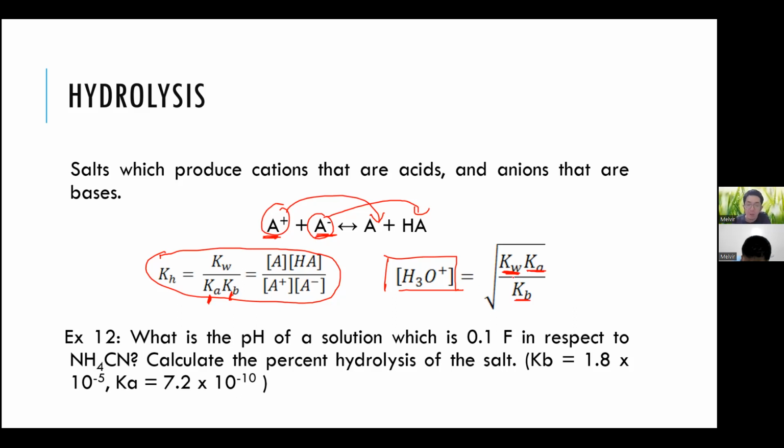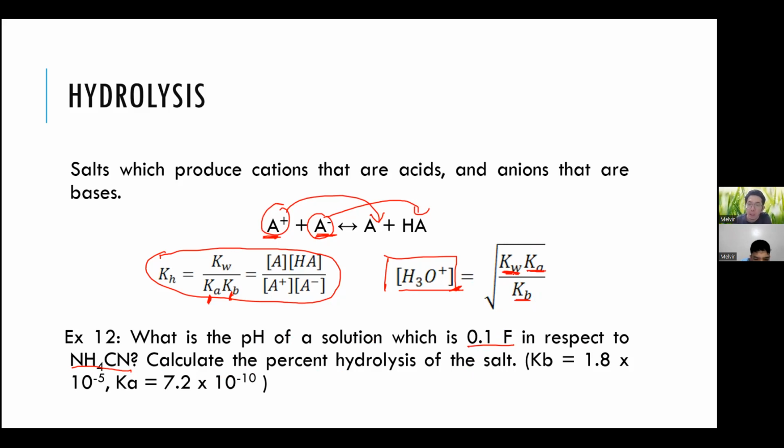Now, an example. What is the pH of a solution which is 0.1 formal in respect to ammonium cyanide? Calculate the percent hydrolysis of the salt. Regardless of the concentration, you don't need the concentration this time, because it will end up having the same hydronium ion concentration.